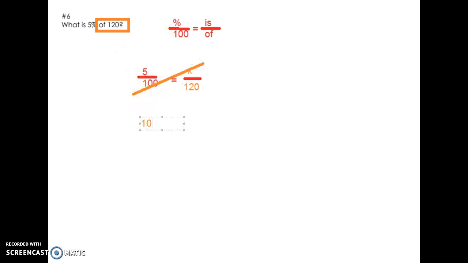So 100 times x is 100x. That's going to be equal to whatever this is. What's 5 times 120? Let's do it on the side real quick. All right, 5 times 120: 5 times 0 is 0. 5 times 2 is 10, right?